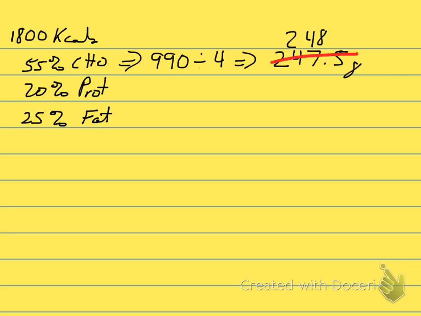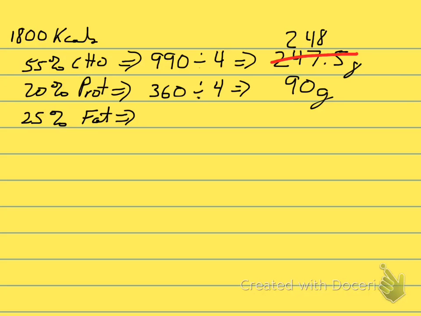Okay? All right, now we have 20% of our calories coming from protein. So again, 1,800 times 20% gives me 360. I'm going to do the same thing, divide that by 4 calories per gram, and that's going to leave me with 90 total grams of protein for my target. Same thing with fat here.